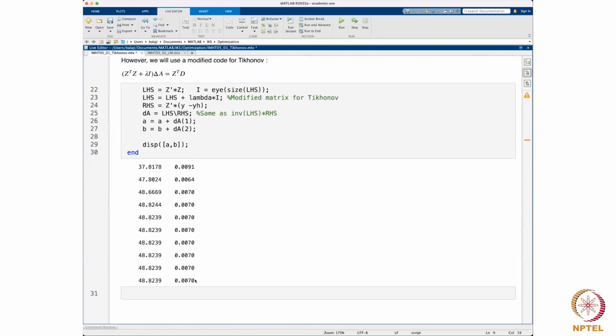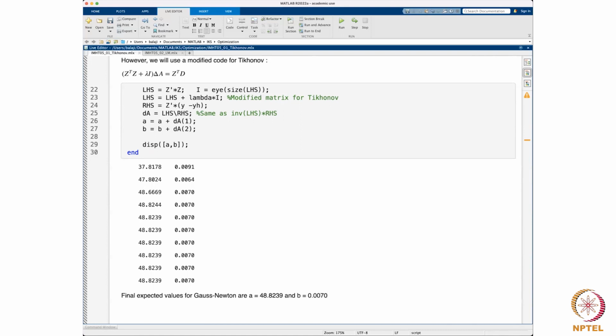And you can see, please remember these final values, 48.8239 and 0.0070. So if you wish, we can just add these final expected values for Gauss-Newton are A equal to 48.8239 and B equal to 0.0070.